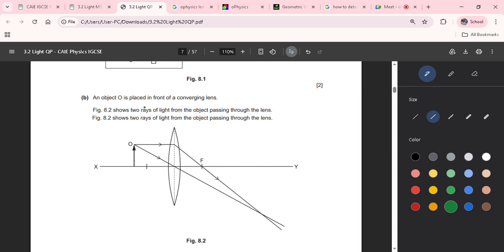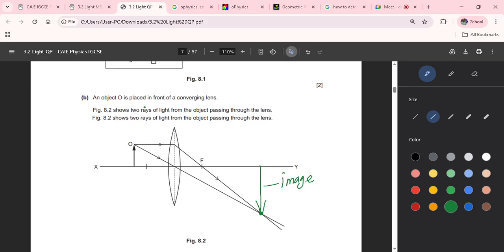So this is the first ray, this is the second ray. We will soon know that this is the midpoint, right? Of course, the image will be like this, going down. So we call it the image, right?